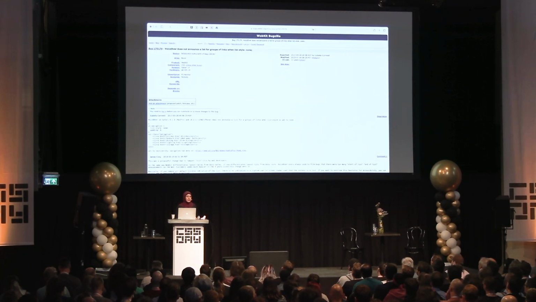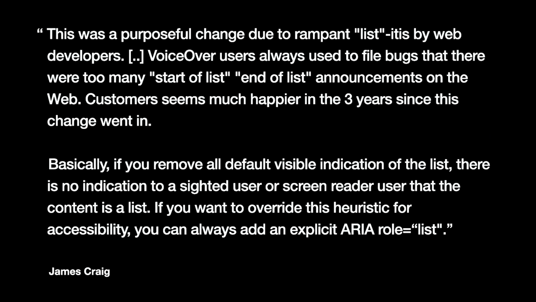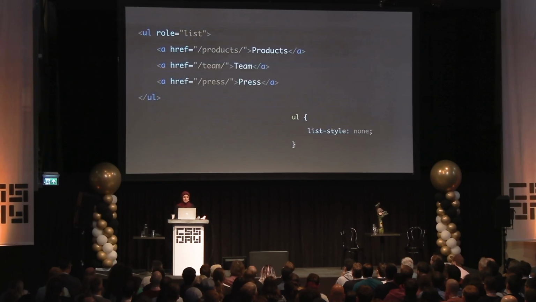This behavior was reported as a bug before a WebKit engineer, James Craig, explained that this was in fact a purposeful change to improve the screen reader user experience because of rampant listitis of web developers, overuse of lists, just like we used to have divitis.